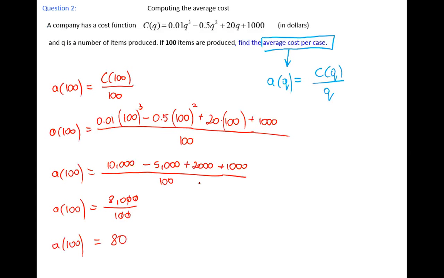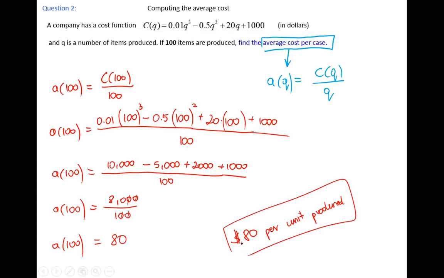Okay, that means the average cost will be $80 per unit produced. But of course, I wanted to show you how you can do this having a function. Simply the same thing, calculating the total cost, dividing by number of units.